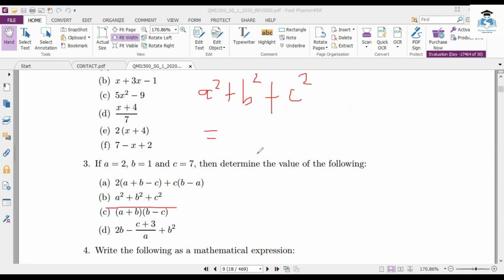It's 2 squared, which is 4, plus 1 squared plus 7 squared, which gives us 4 plus 1 plus 49. The answer is 54.